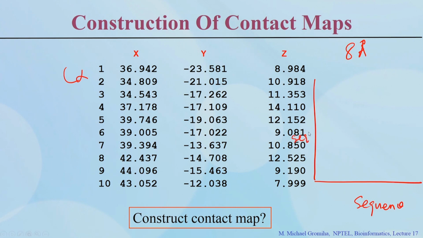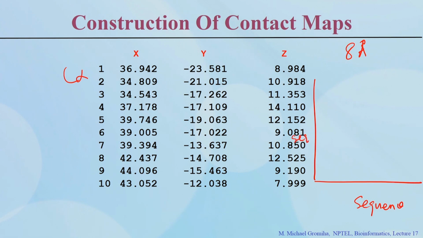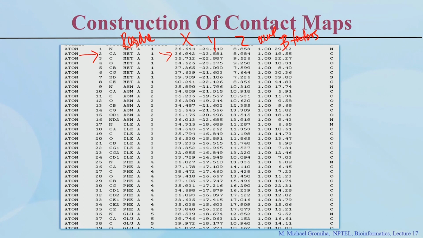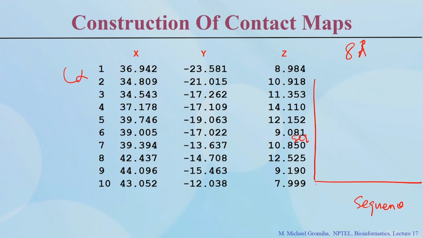Now we have the residues: 1 is methionine, 2 is asparagine, 3 is isoleucine. Or I can put the numbers, 1, 2, 3, 4, 5, 6, 7, 8, 9, 10. So, 1, 2, 3, 4, 5, 6, 7, 8, 9, 10.